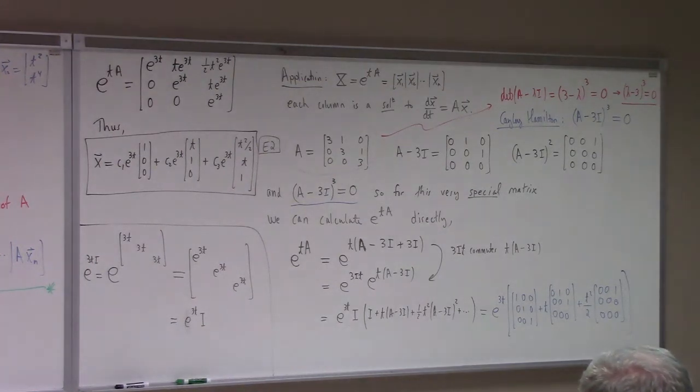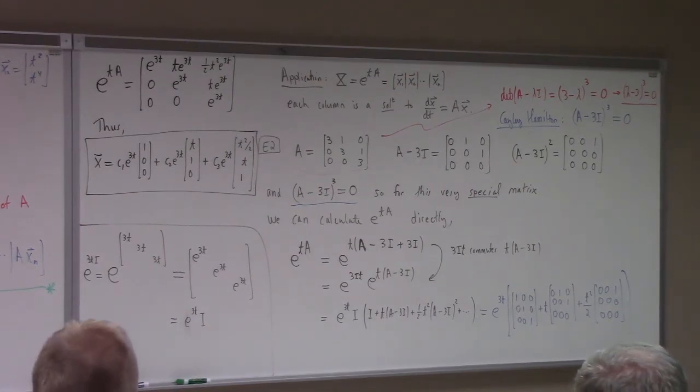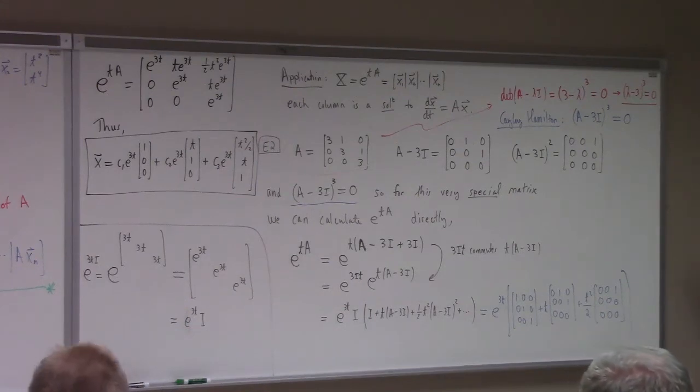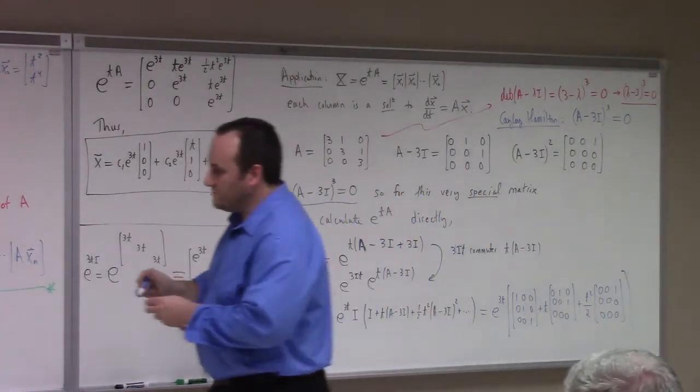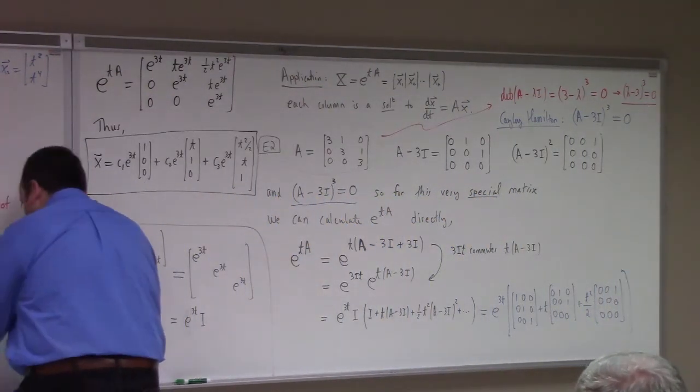But the thing is there are matrices which don't just have one eigenvalue, right? We've got ones that have an eigenvalue 1 and an eigenvalue 2 twice. We've got ones with real and complex eigenvalues. There's a lot of other things that happen, right? So this method of calculation isn't going to be a general method, is it? Like I said, this is really special to this really nice matrix. So what do we do?